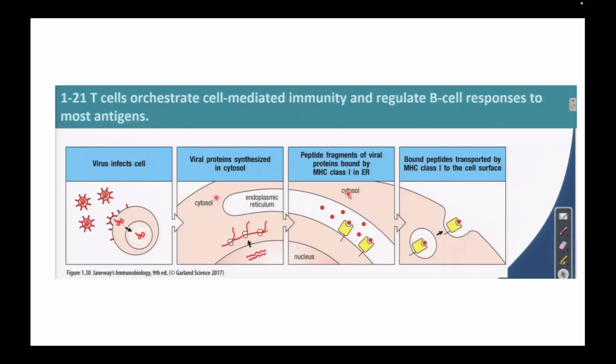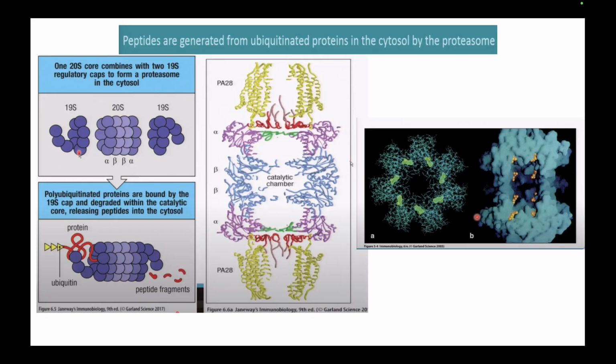This is the virus infected cell, presenting intracellular pathogens. The virus is an intracellular pathogen. Here the viral genomic DNA gets transcribed and translated, then goes to the ER, and in the ER it interacts with and gets loaded on the MHC, and then is presented by the MHC class 1 molecule on the surface.